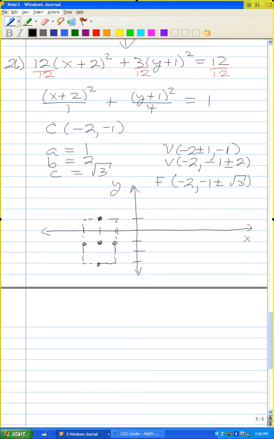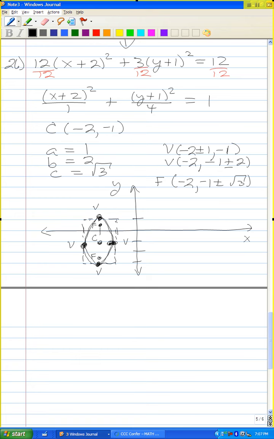So this is somewhere around here. So that's the center. Those are my vertices. And there are the foci. So let's try to draw this if I can, as best I can. And that is my ellipse. Not a great ellipse, but it's at least a semi-ellipse.